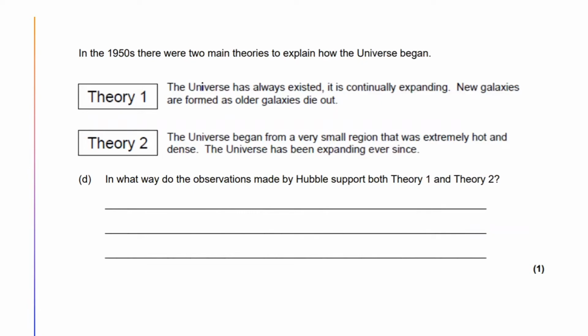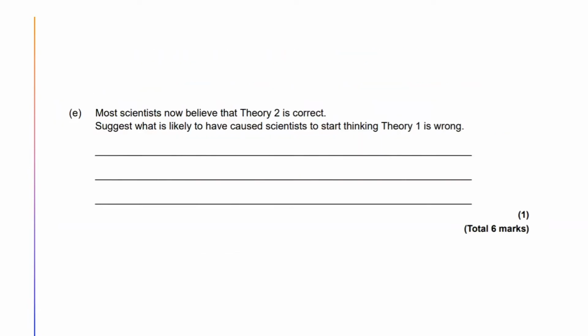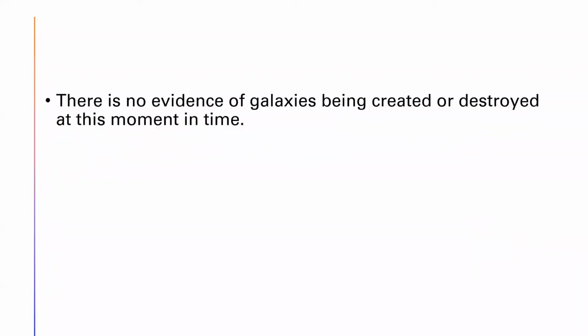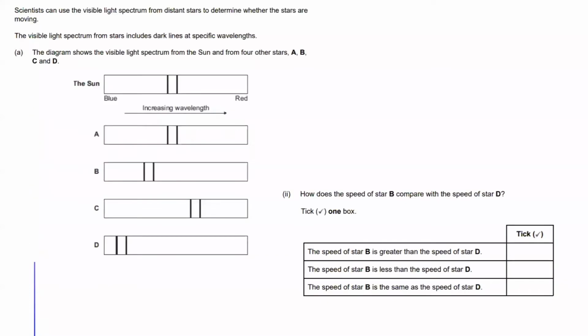Have a think. Okay, now go through it. So there is no evidence of galaxies being created or destroyed at this moment in time. Theory 1 needed galaxies to be created and destroyed, but there's no evidence of that at the moment. That's not in the cosmic microwave background or redshift, nothing to do with those 2 things.